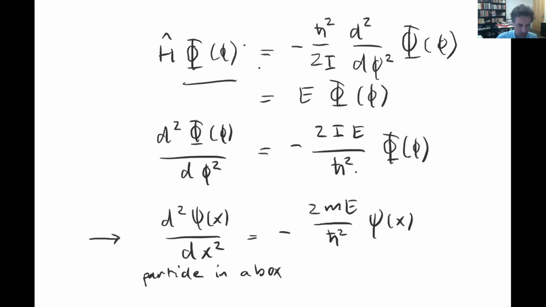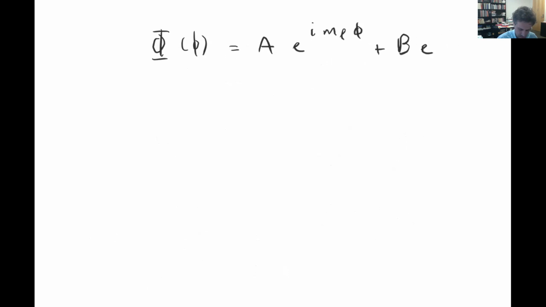Well, it looks very similar to the solutions we found before. Basically the solutions are the following. This is the function I'm trying to solve, and instead of writing the function as a function of x, I write it as a function of phi. But the mathematical shape is really the same.